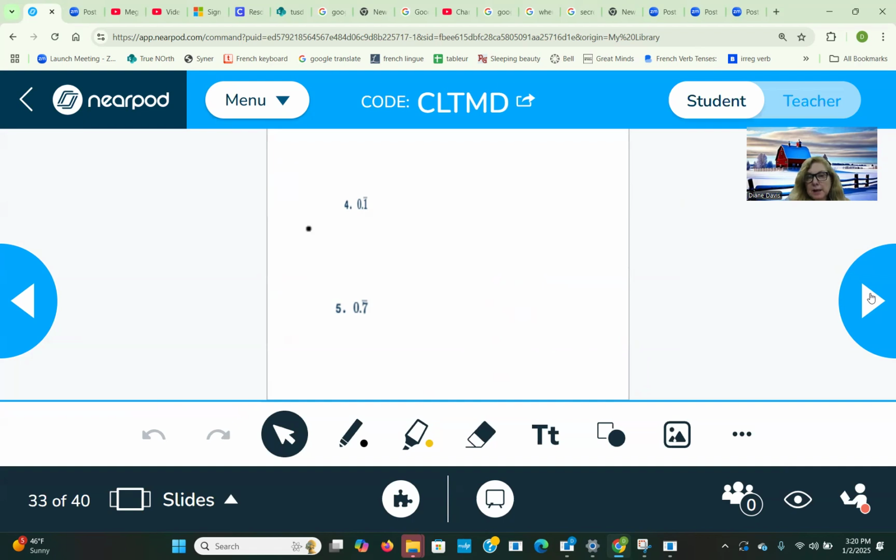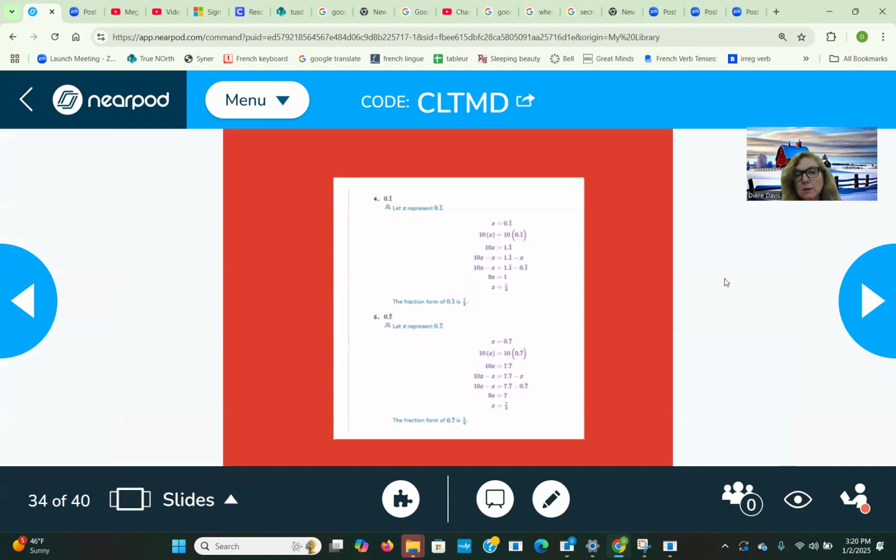Okay, so coming back, here are the problems solved. First, you say let x equals 0.1 repeating, then you multiply both sides by 10. And that is an equal statement like we proved before, because anytime you multiply both sides of an equation by the same number, it remains equivalent. So then you have 10x equals 1.1 repeating.